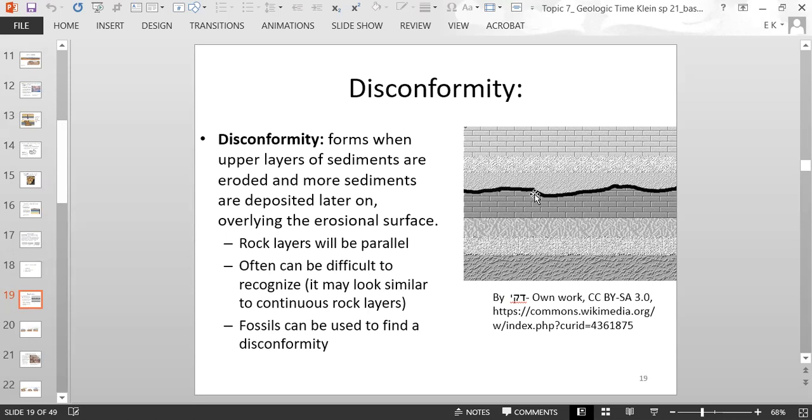Disconformities can be difficult to recognize because it just looks like rock layers one on top of the other. But if you have fossils in the rock layers, you can use the fossils to determine if there's a disconformity, because you might have fossils that we know existed in one time period right on top of rock layers that contain fossils from a completely different time period that happened millions of years earlier, and then you might be missing a time period in between.